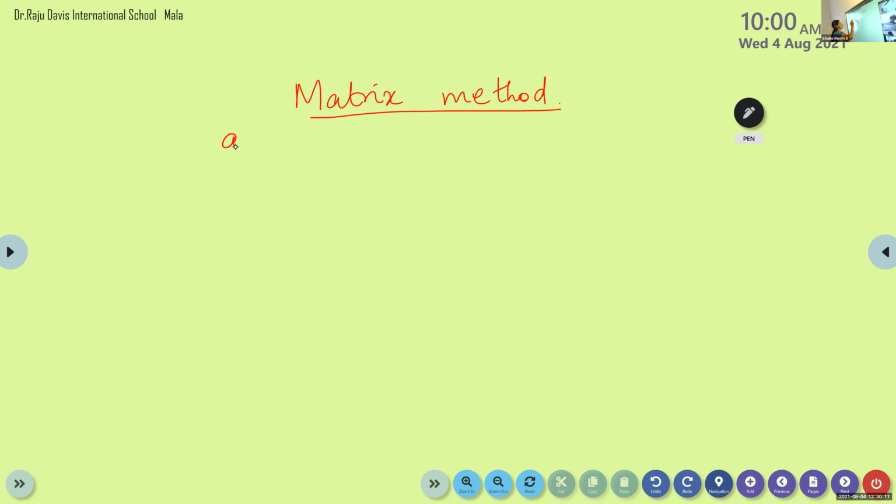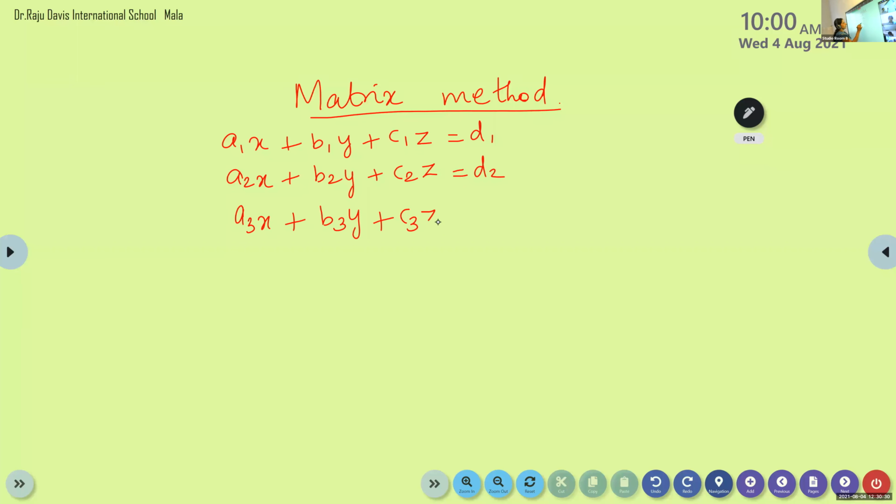Suppose we are given the set of equations a1x plus b1y plus c1z equals d1, a2x plus b2y plus c2z equals d2, and a3x plus b3y plus c3z equals d3.